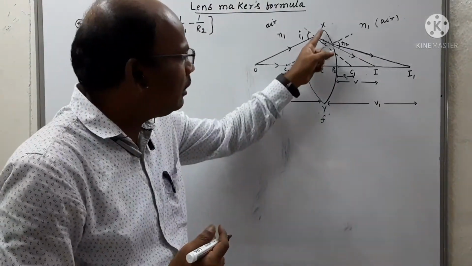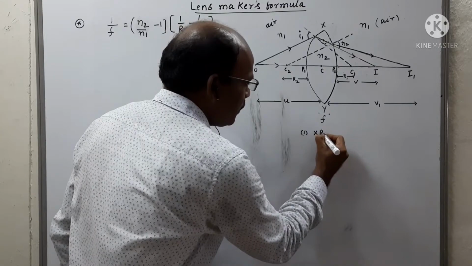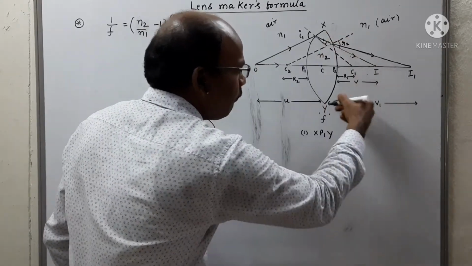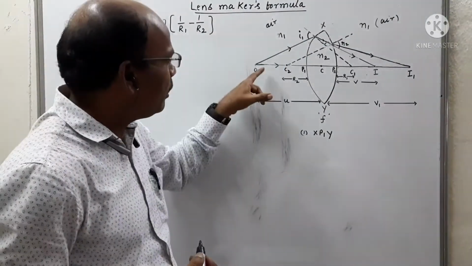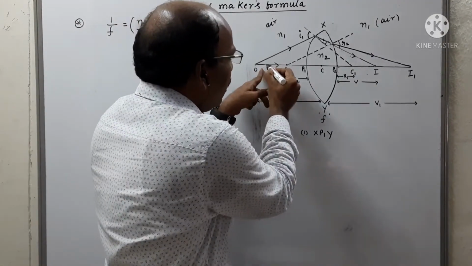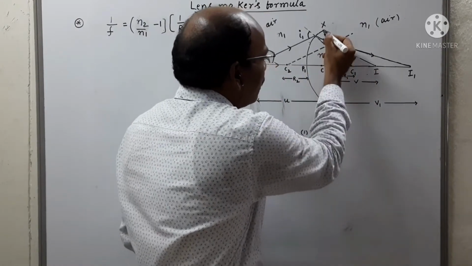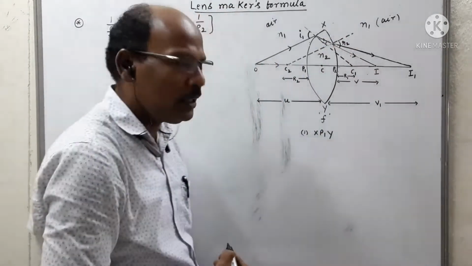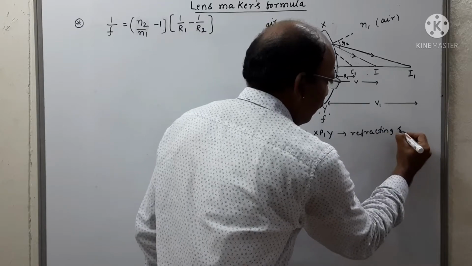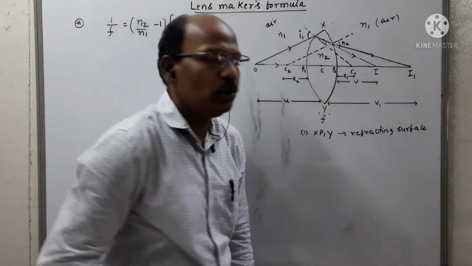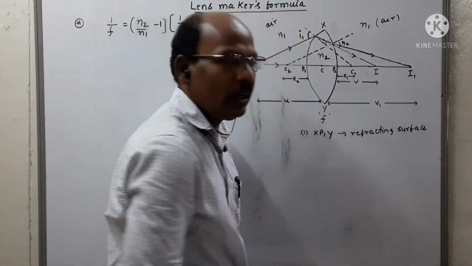So first we consider the first refracting surface, that is XP1Y. So this is the first refracting surface. Then we can take the two rays which are coming from the point object. One is the normal incidence, that means the ray which is passing parallel to the principal axis, that is normal to the XP1Y refracting surface. So this is moving in a straight path and forms image I1 after refraction.